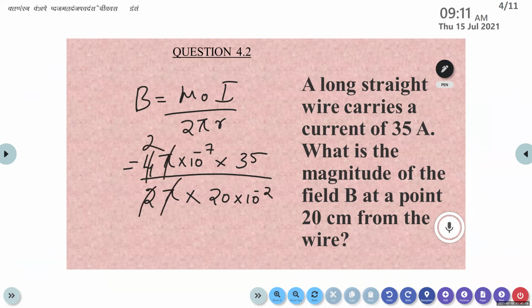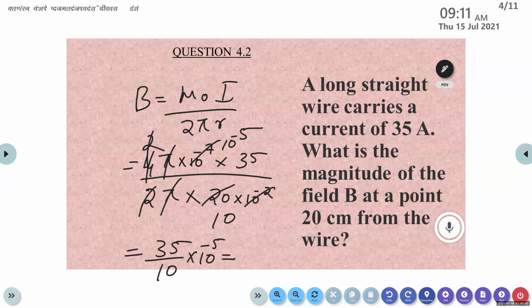It becomes 2, and 10 raised to minus 2 becomes 10 raised to minus 5. So we get 35 divided by 10 into 10 raised to minus 5, that is equal to 3.5 into 10 raised to minus 5 Tesla. The unit of magnetic field is Tesla, or you can write capital T.